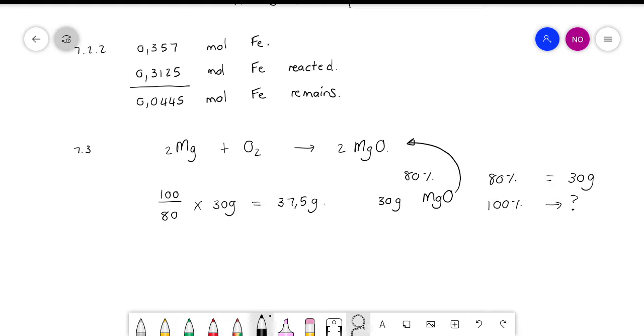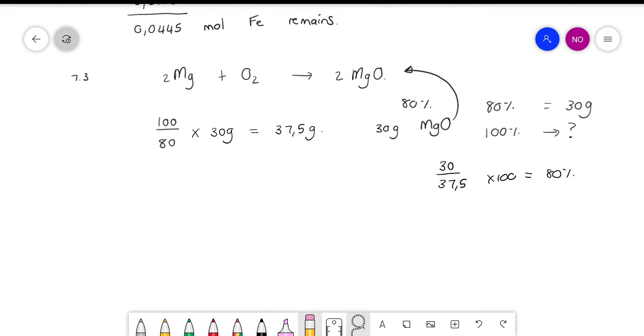But you can go and check 30 divided by 37,5 times 100 will give you 80% again, meaning that 80% yield will give you 30 grams. I'm not lying. Okay, goed. Bietjie onnodige wiskunde hierin. So we're going to work with the 37,5 grams of the magnesium oxide.